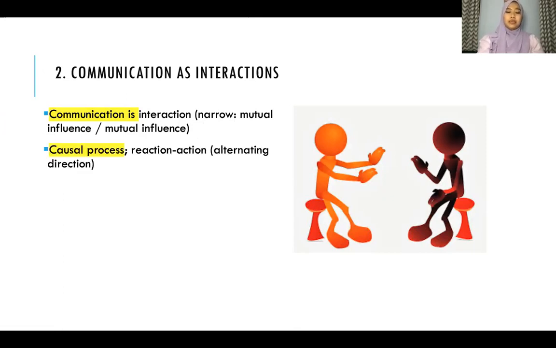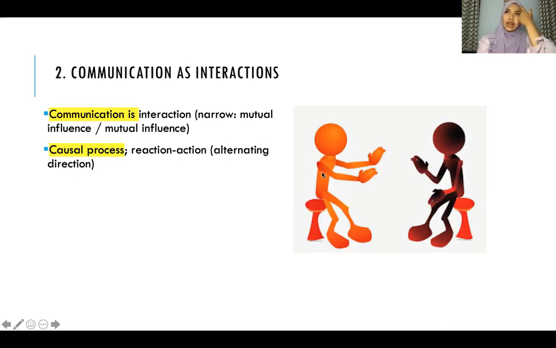Why? Because it is an interaction from person A to person B, so a causal process may or should happen, because from the causal process there will be an action and a reaction, or an action to the reaction.